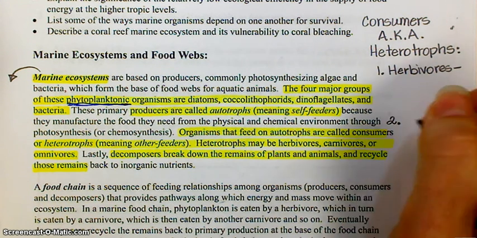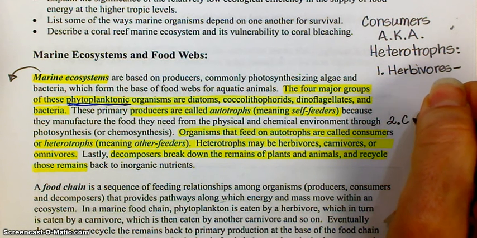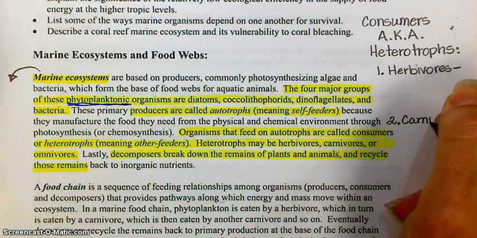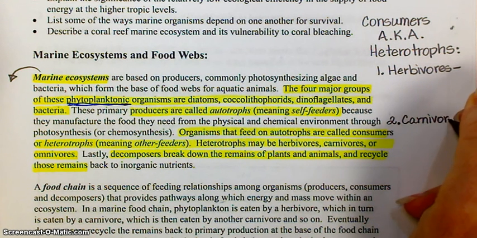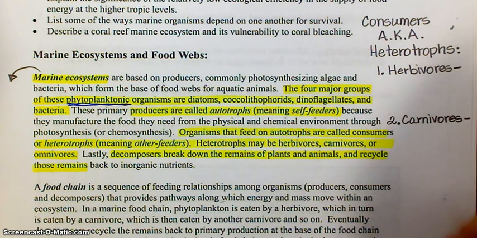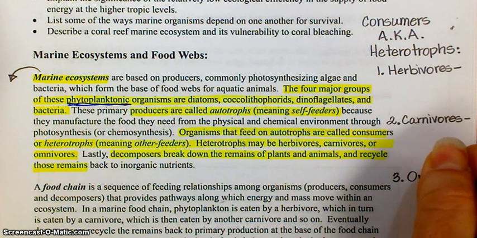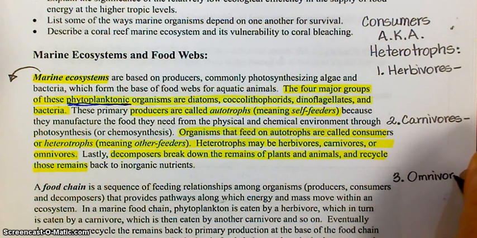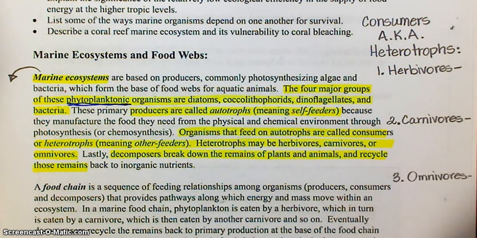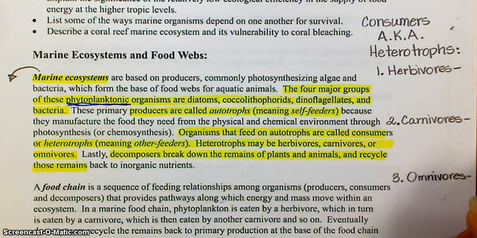Type of heterotroph number two, carnivores. And you're going to write eat meat or eat animals. And then number three, omnivores. Eat both plants and animals.